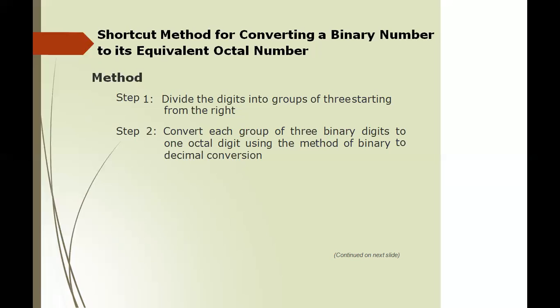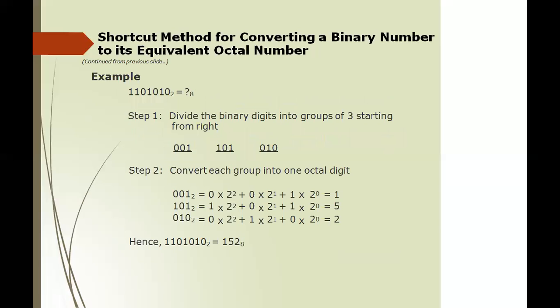And here is a shortcut method for binary to its equivalent octal number. Here we have two steps, and by following these two steps, the example is here: the number is given in the binary number system, and we want to convert this number to the octal number system.